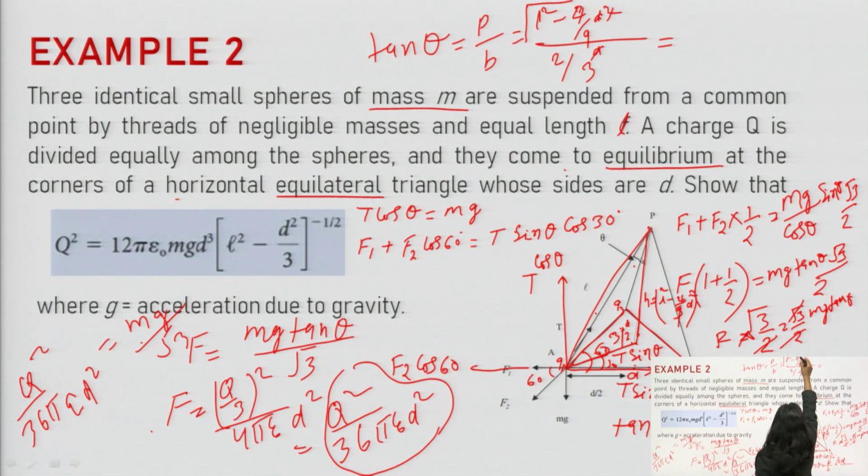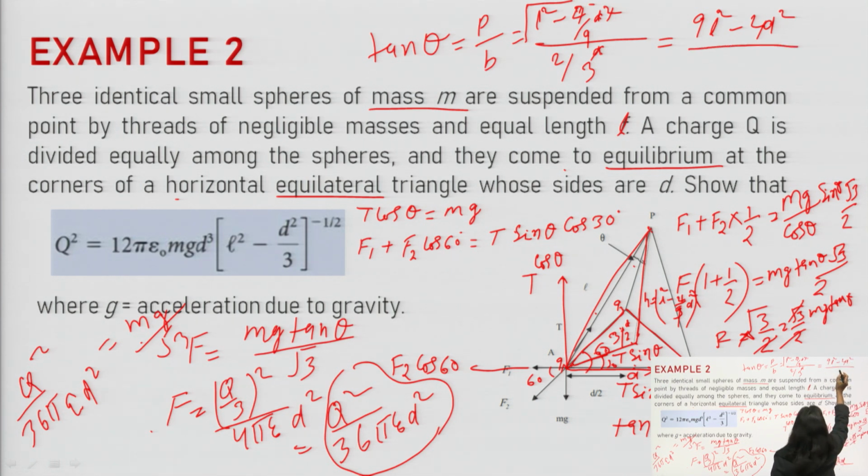Under the root it will be 9 L square minus 4 D square, divided by 3, and the 2 by 3 will cancel out. Finally we got the value of tan theta as this.